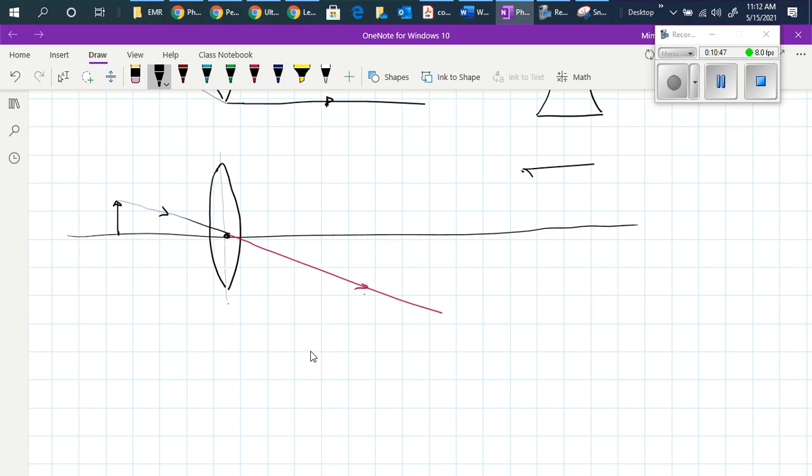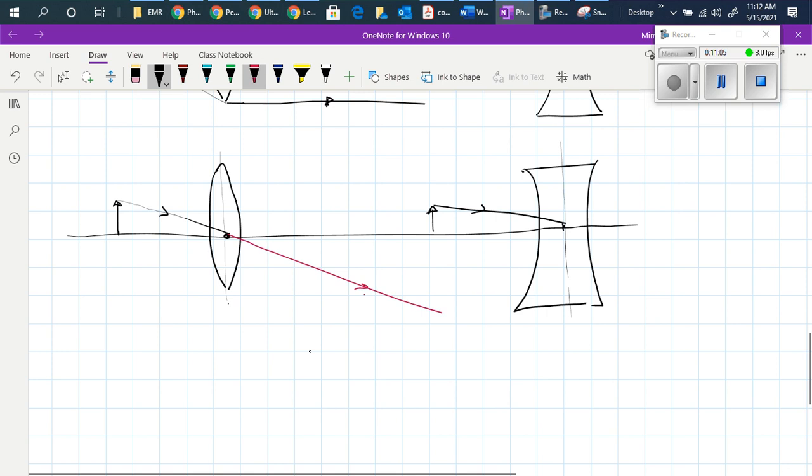While when we have the other lenses and the object is somewhere in here, then the center of the lens is here. That means that we'll have this as the incident and this as the reflected.